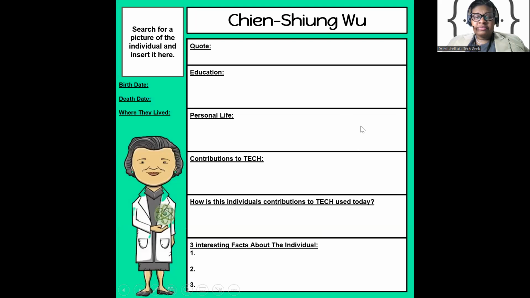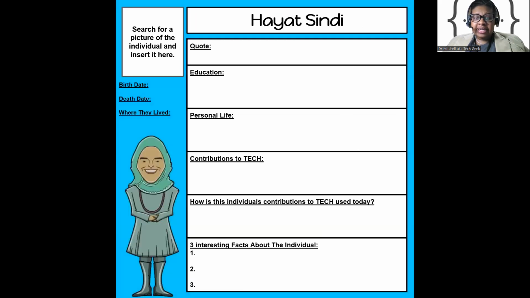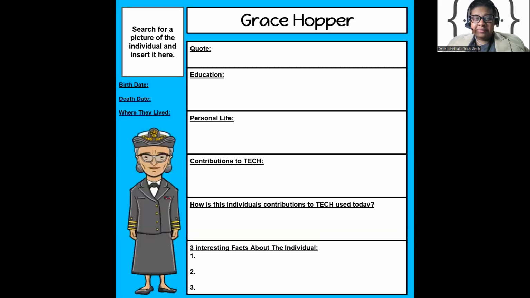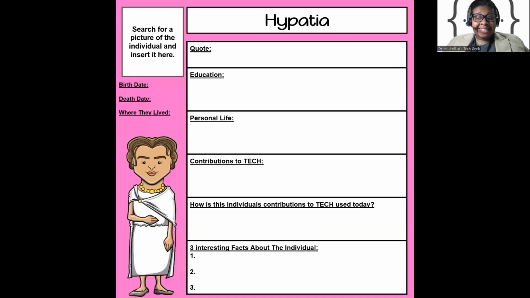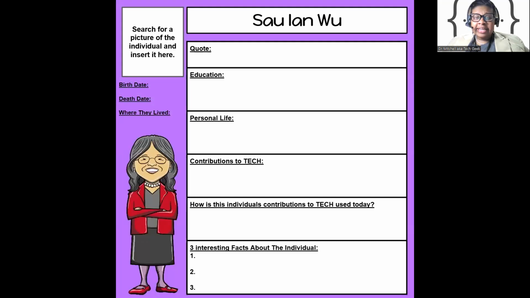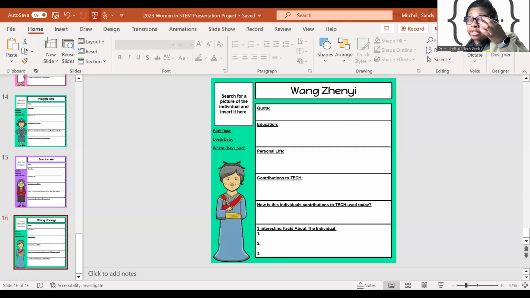We have Dr. Wu, Shirley Ann Jackson, Hayat Sindi, Betty Holberton, Grace Hopper, Hypatia, Maggie Gee, and Cylon Wu. Oh, and Wan Z. So definitely we have some examples here.